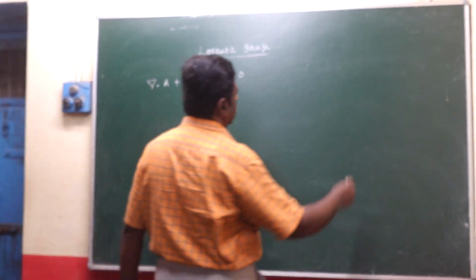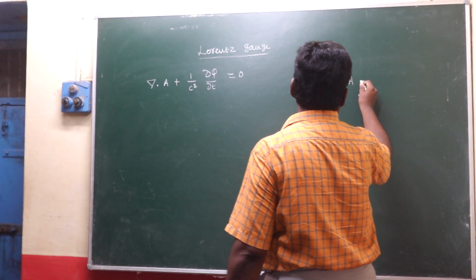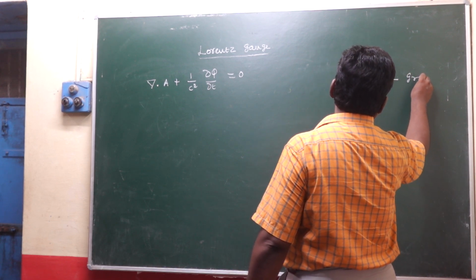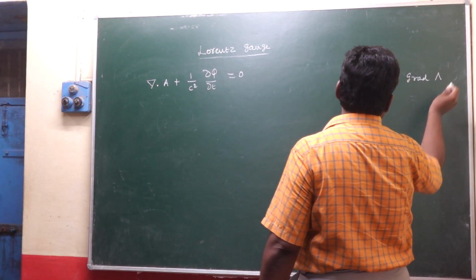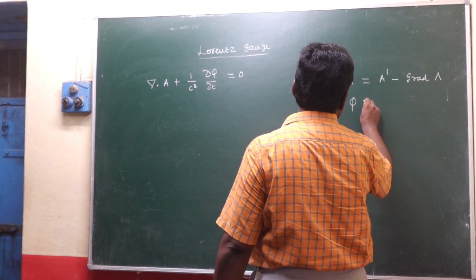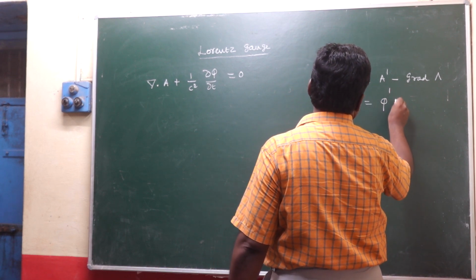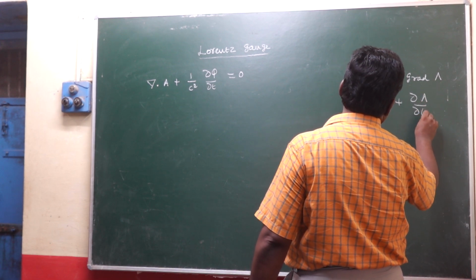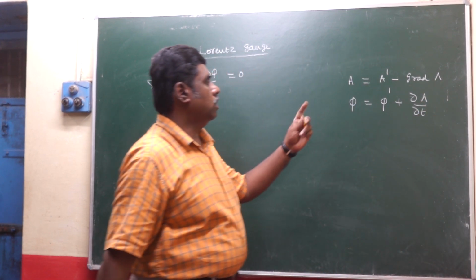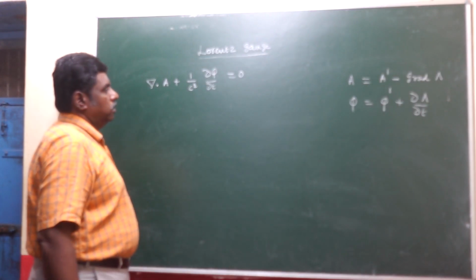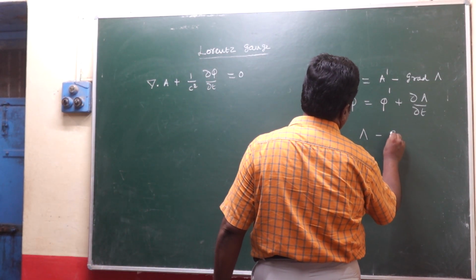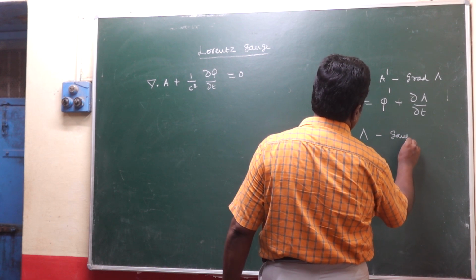Here, replace A by A dash minus grad lambda and phi by phi dash plus dou lambda by dou t. These two are called gauge transformations. Here lambda is our gauge function.